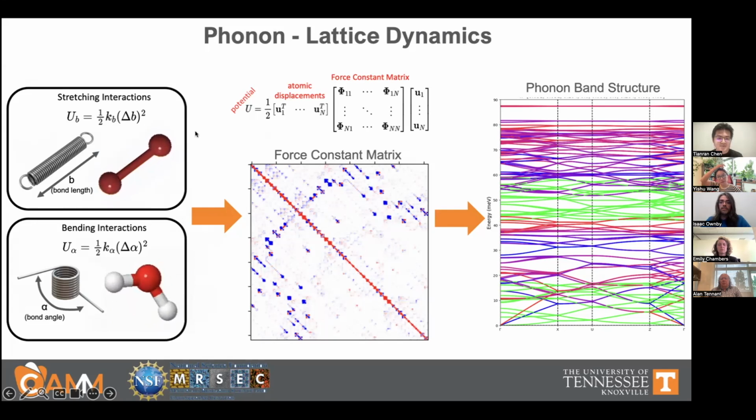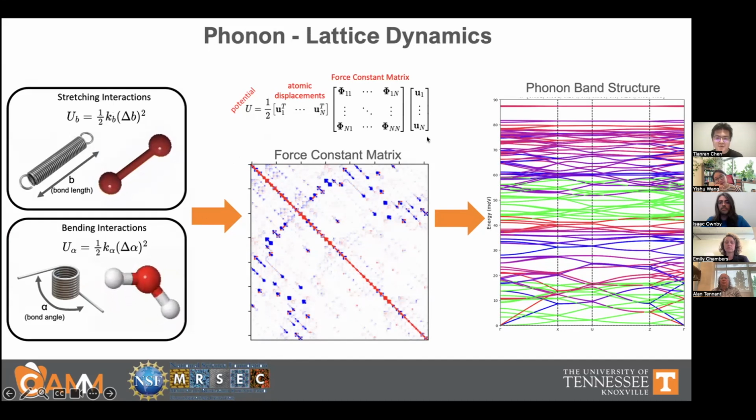The stretching interaction is like an extension spring that resists changes of the bond length, and the bending interaction is like a torsion spring that resists changes of the bond angle. To express this mathematically, we need to introduce the force constant matrix, which is the second derivative of the potential with respect to the atomic displacements. We can use first-principles calculations to obtain the force constant matrix, or we can directly build it from the interaction parameters Kb and K alpha.